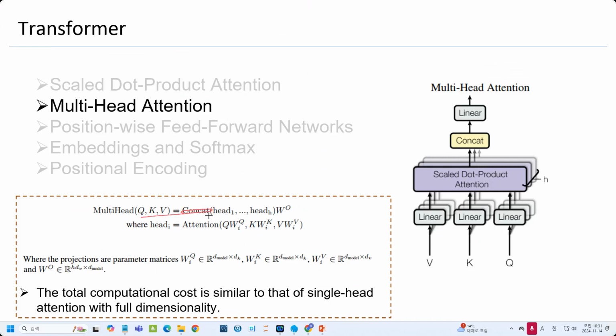The concatenation means we just combine. If we have the first attention, the second attention, the third attention, then we will just combine all of them into one attention.